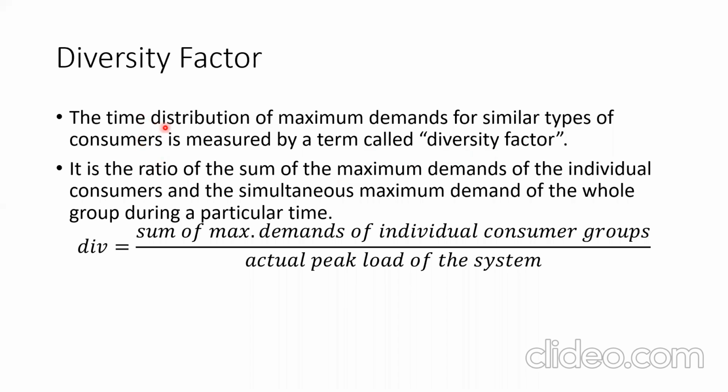It is the ratio of sum of maximum demands of individual consumers and the simultaneous maximum demand of the whole group during a particular time. The same definition is expressed in an equation: diversity factor, div, is equal to sum of maximum demands of individual consumer groups.